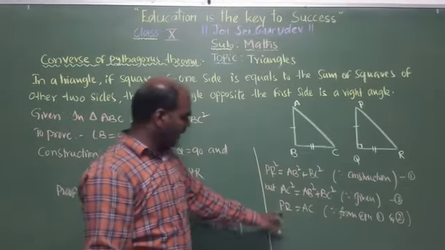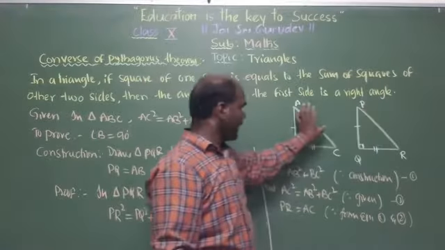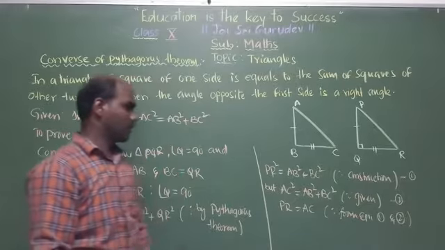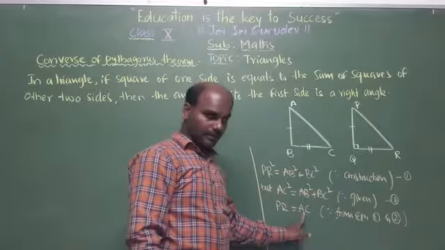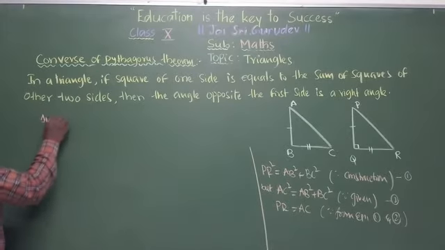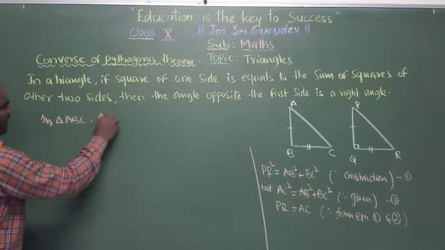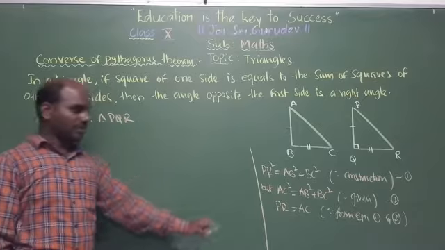So PR is equal to AC in these triangles now. Then, in triangle ABC and triangle PQR, we are comparing the two triangles.